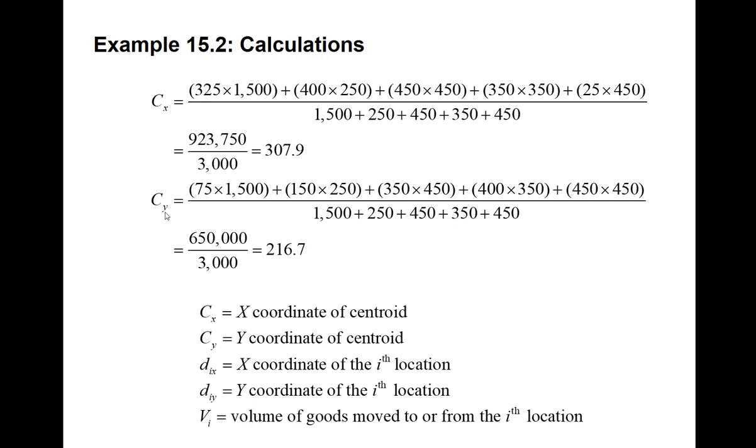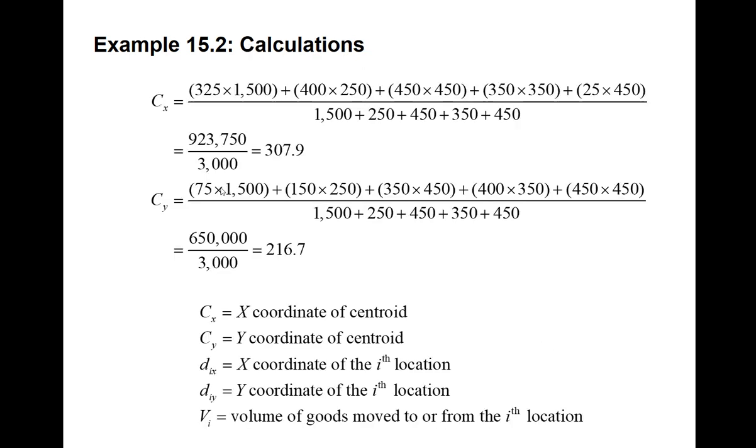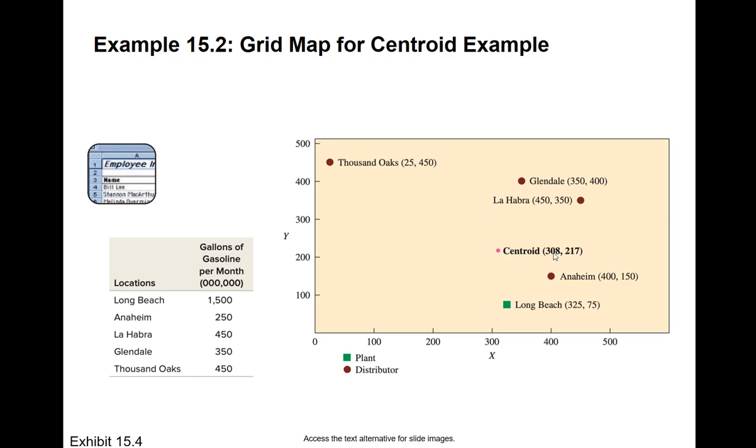For the y value, we just change the x value to the y value, and we still use the y value times the value of the goods, the same way. Then we find the y value for the central location, which is 216.7. And this is after rounding to an integer.